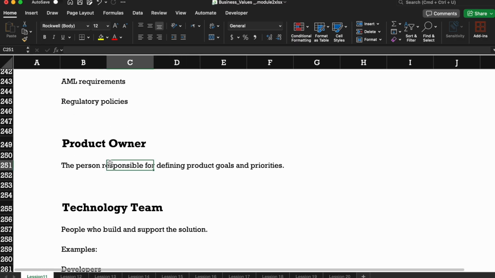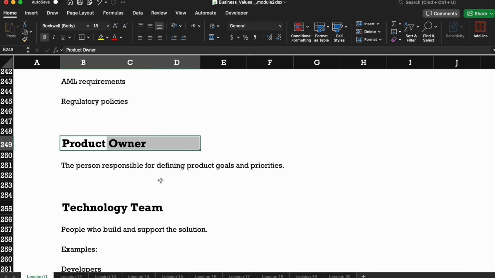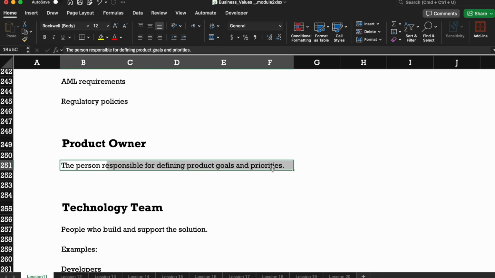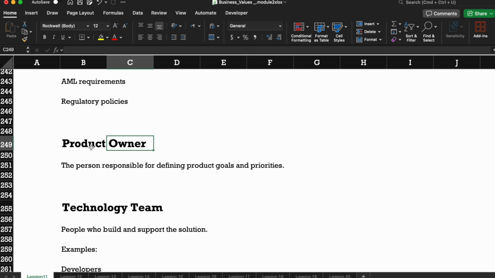Next one, the product owner, the person responsible for defining product goals and priorities. You will be closely working with the product owner. You and the product owner work closely with the stakeholders to gather requirements. The product owner brings the project to your team and introduces you as a business analyst to the business stakeholders.